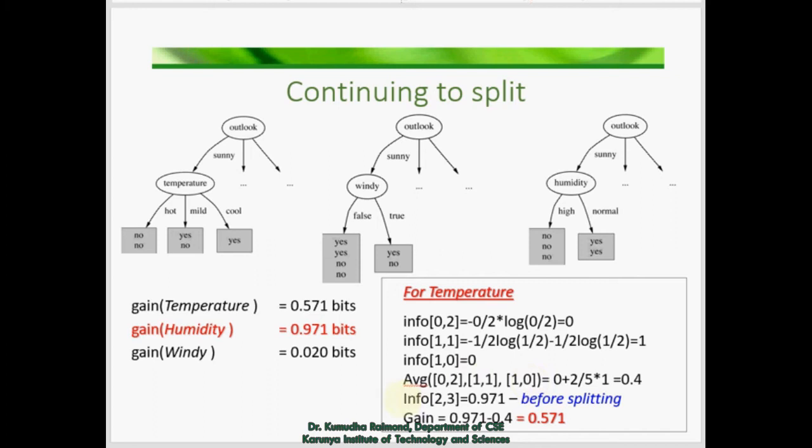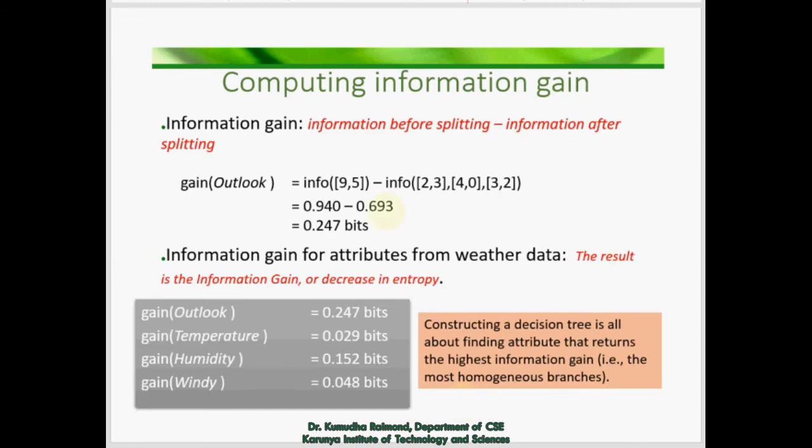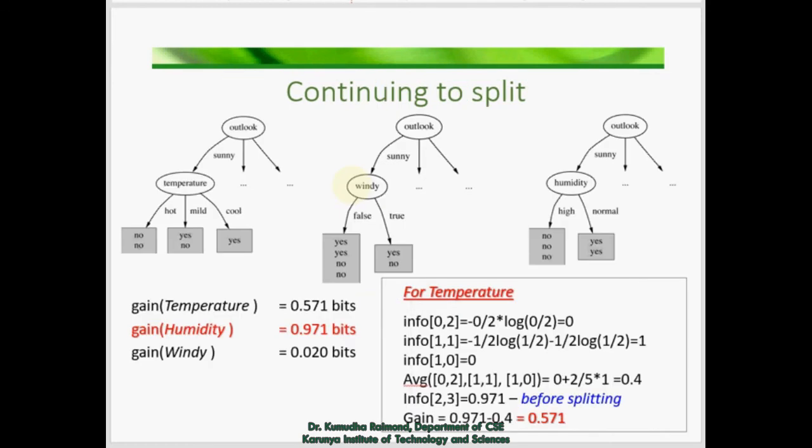But how to calculate the entropy before splitting? Unlike the previous case, where we used the entropy calculation before splitting as info of 9, 5, equivalent to the 14 instances with 9 instances play equal to yes and 5 instances play equal to no, which are the original data set, in the next level calculation I'm not going to use 14 instances.